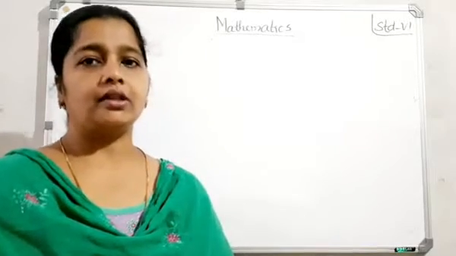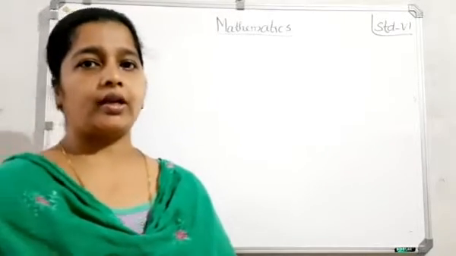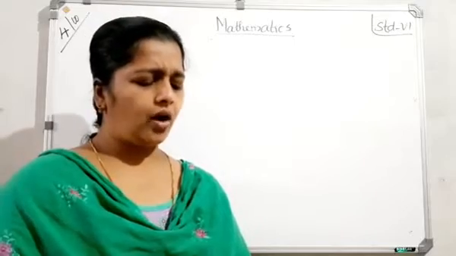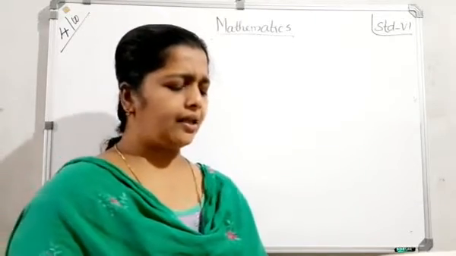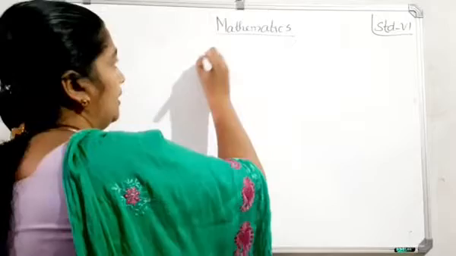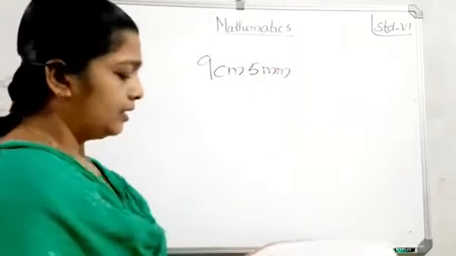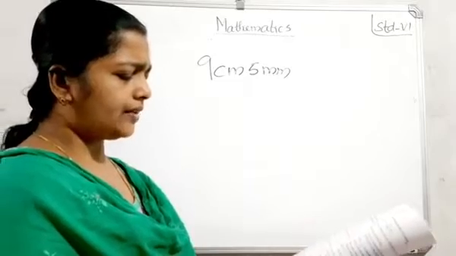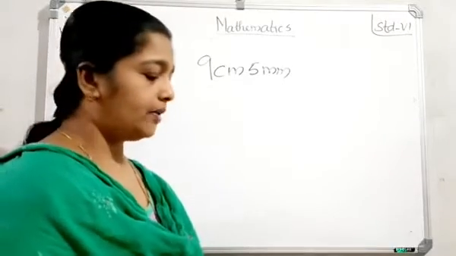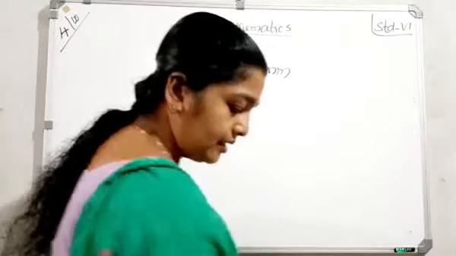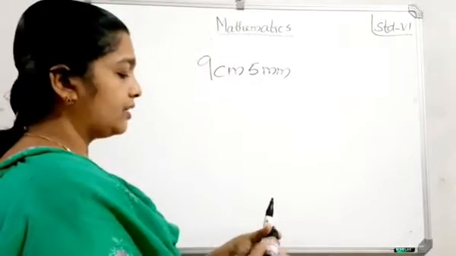Question number 10, A and B. This question I will give in the notebook. Don't write now. The length of Ramesh's notebook is 9 centimeter and 5 millimeter. Then what will be its length in centimeter? We studied already. How?